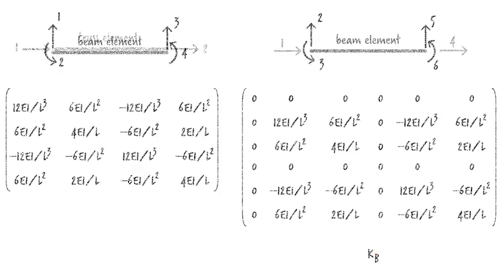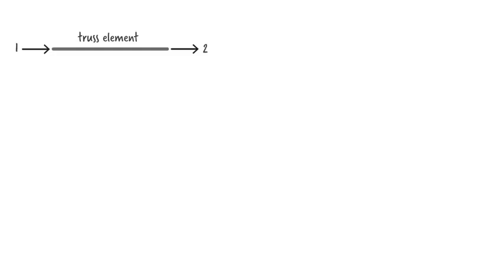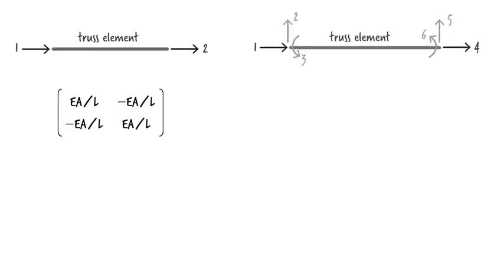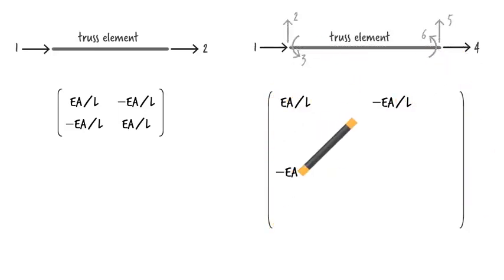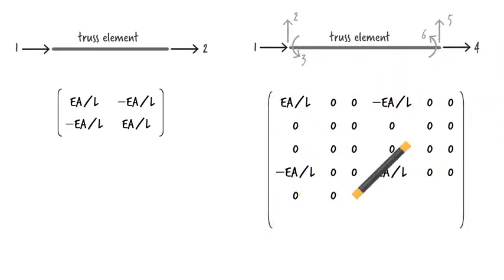The truss stiffness matrix in the local coordinate system is. We turn this into a 6 by 6 matrix by adding to it 4 rows and 4 columns of zeros, like this. Let's refer to this matrix as KT.